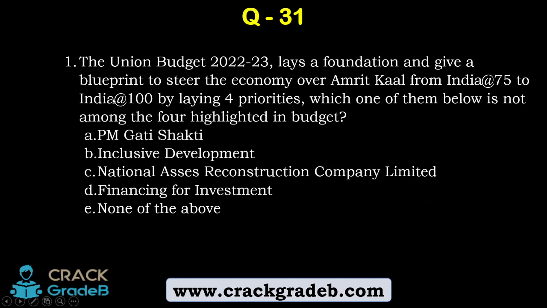Okay. Next question, question number 31. As per the budget, which lays a foundation and gives a blueprint to steer the economy over Amrit Kal from India at 75 to India at 100 by laying 4 priorities, which one of them below is not among the 4 highlighted in the budget? This is one of the most important things in the budget, right?